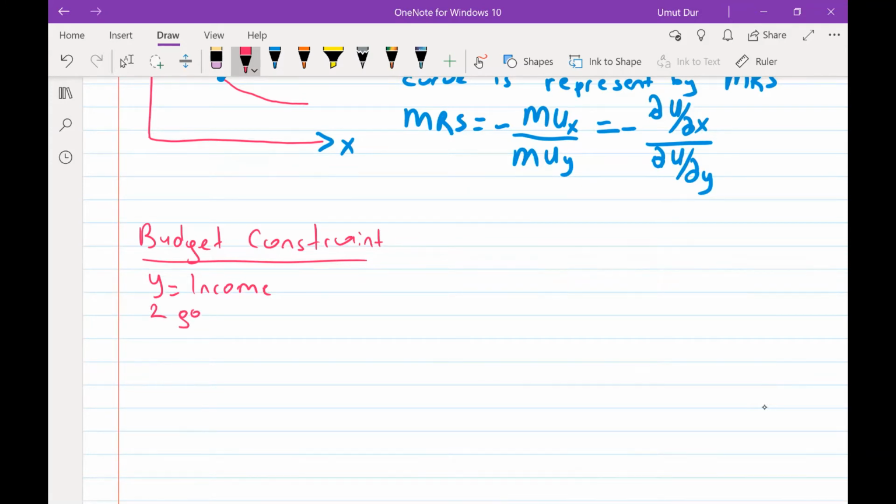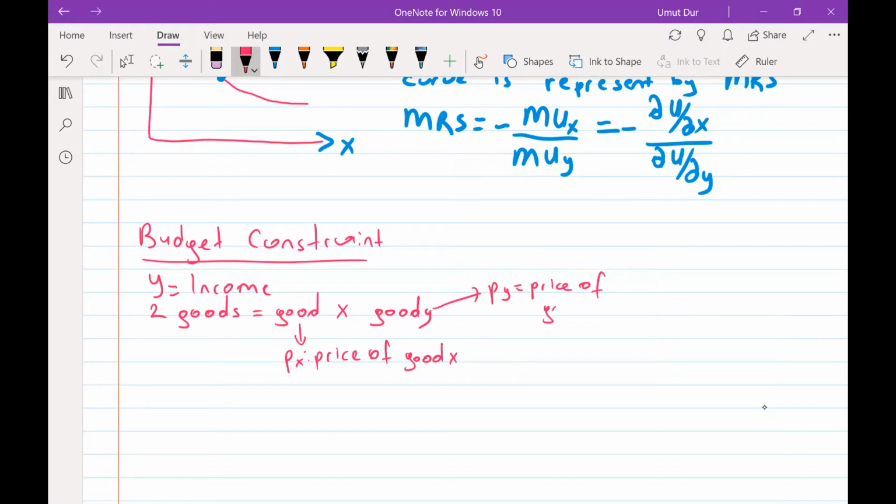So let's say good X and good Y. Then they have prices. Px is the price of good X, and Py is the price of good Y.